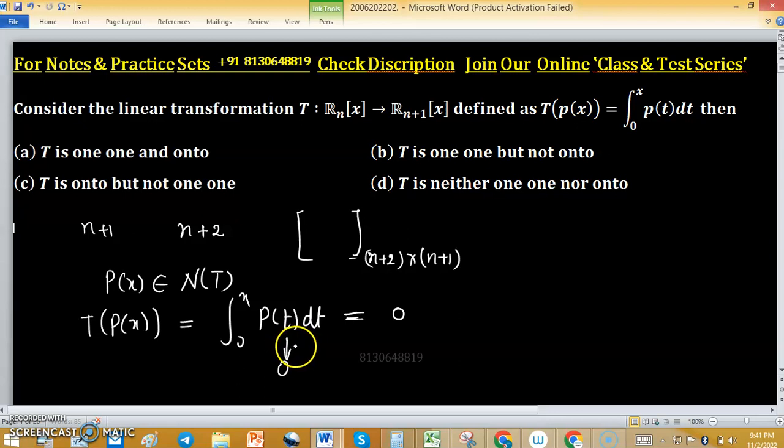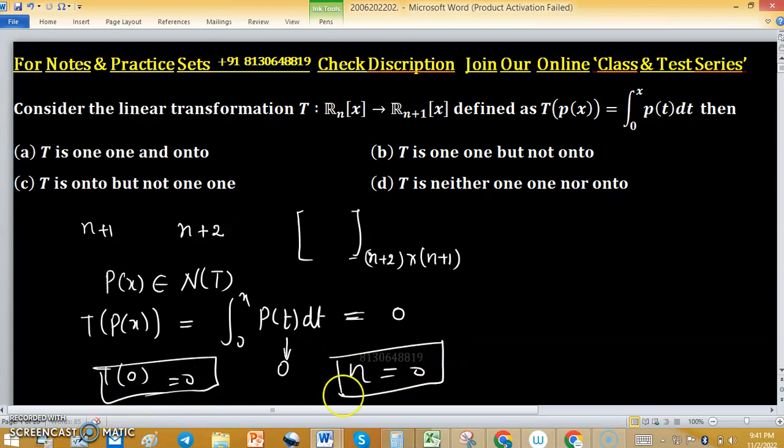So the area will be either 0 or some positive value. So it is clearly understood that p is the 0 polynomial, so the null space contains only the 0 polynomial. So the nullity of this linear transformation is 0.